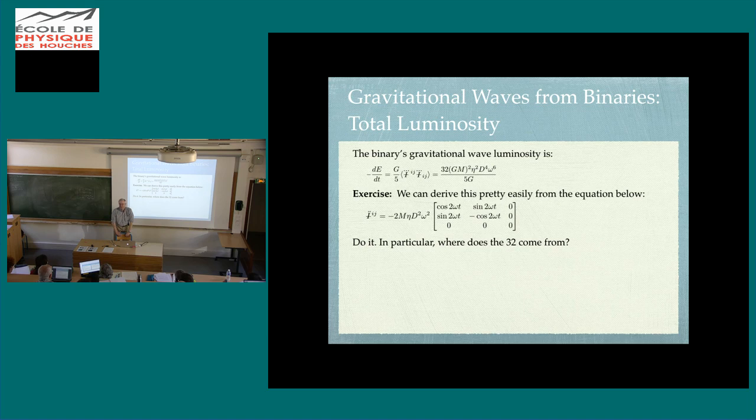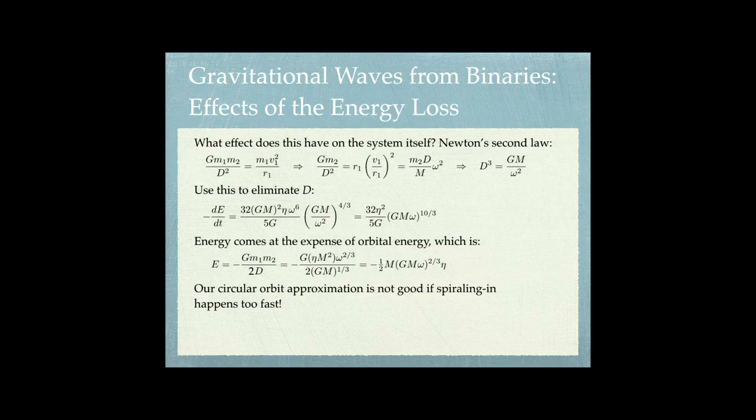So you can see that sources with a given separation are going to radiate much more strongly if they're orbiting fast. But the tricky part is that these 2 quantities are actually linked through the mass. So if you know the mass and you know the distance, then you know omega, or any two of those things will give you the third. So we really want to get rid of that dependence.